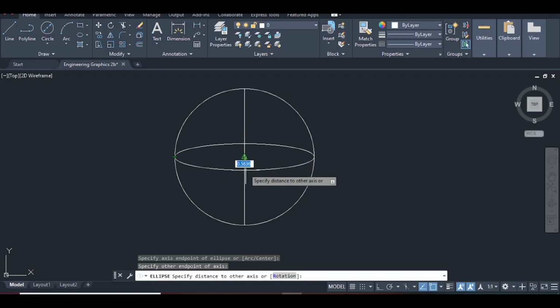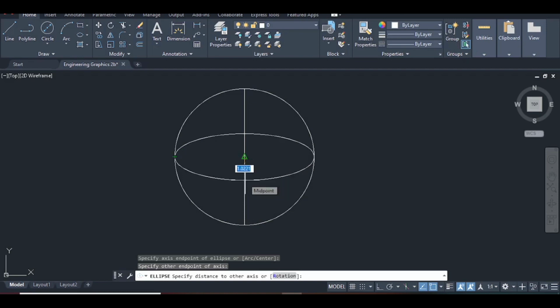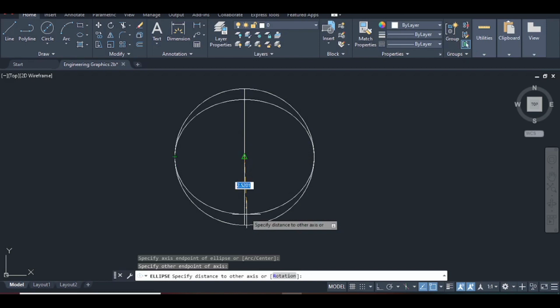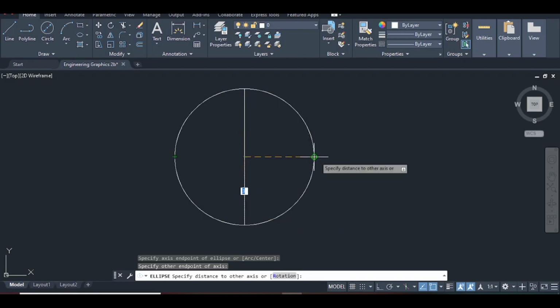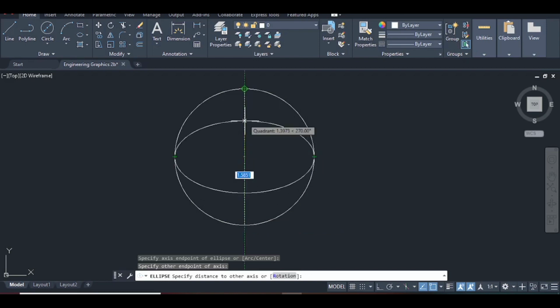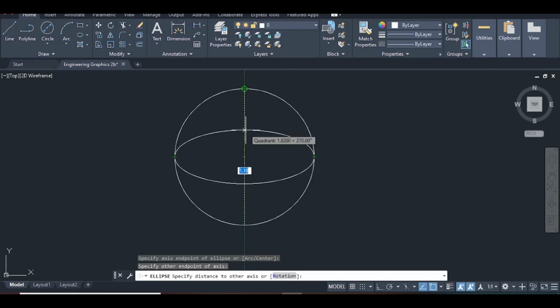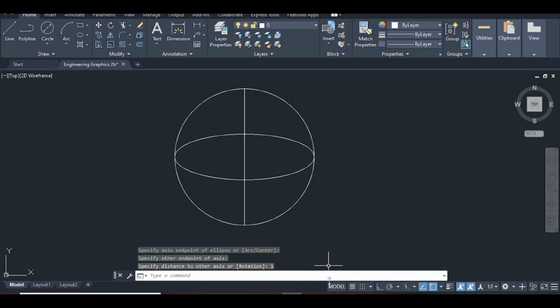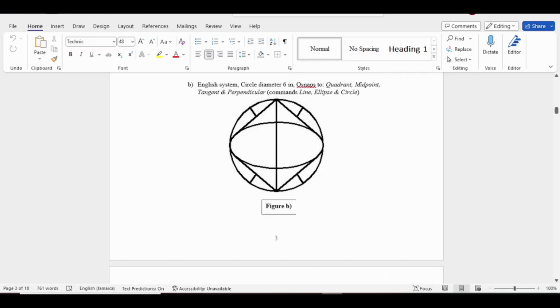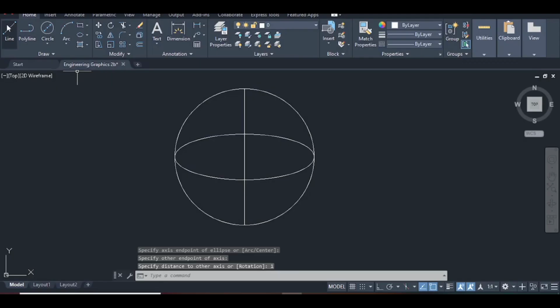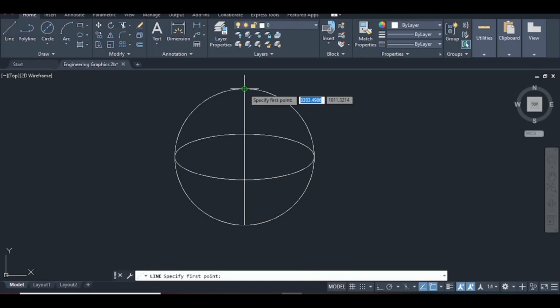So I'll choose 1. We have lines, quadrant that are tangential to the ellipse.